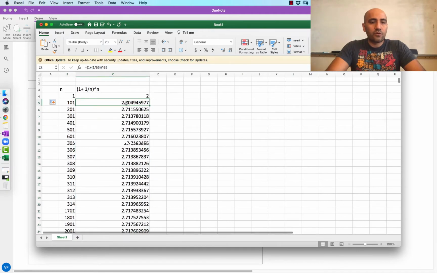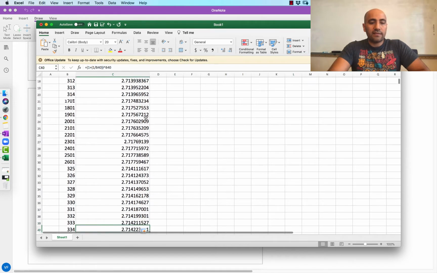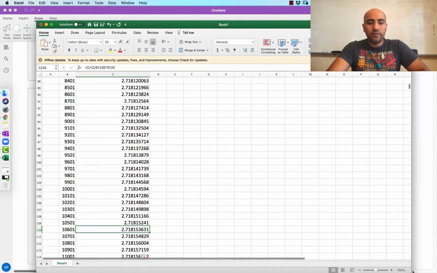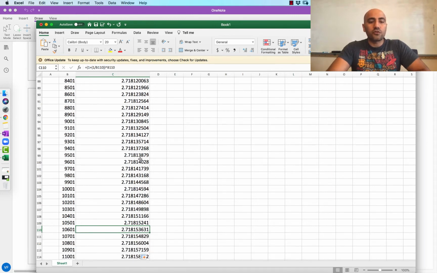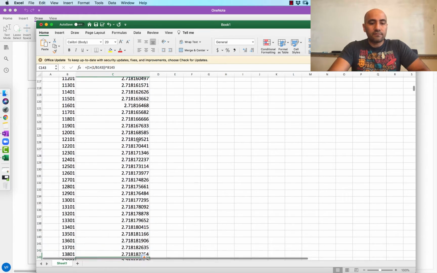Again, as I scroll through, this time the inputs are growing much faster, 101, 201, 301. As I look at the resulting outputs, it always starts with a 2, then a decimal, and then a 7, then the 1, then the 8, and then the number after that starts to become a little closer to the output we're interested in.